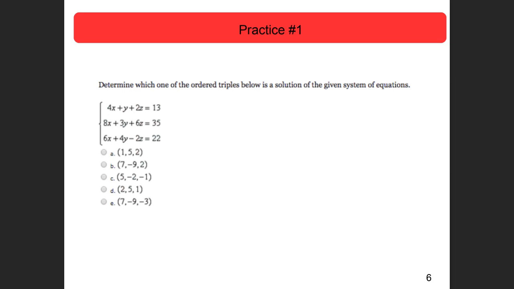Then we have to decide which variable we want to get rid of. Now, I'm looking at the z's, and I have a positive 2z here and a negative 2z here. So I'm going to call these equations 1, 2, and 3. What I'm going to do is add equations 1 and 3 together. So 4x plus y plus 2z is equal to 13, and 6x plus 4y minus 2z is equal to 22.